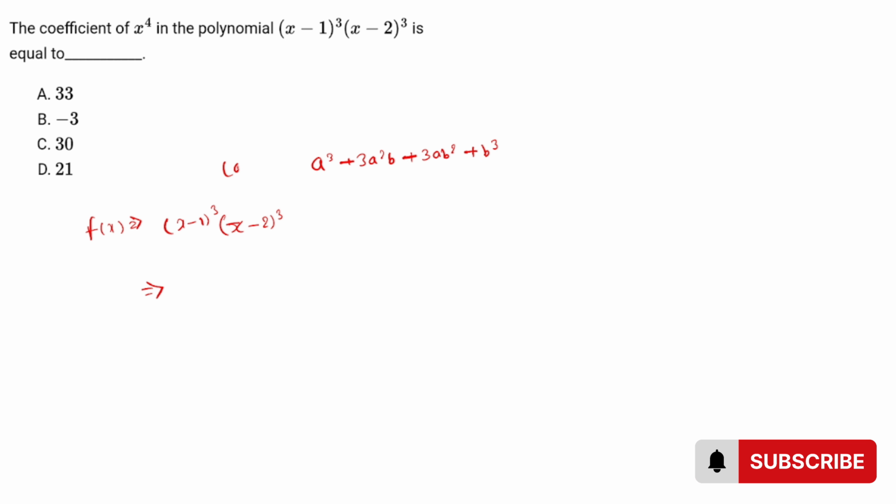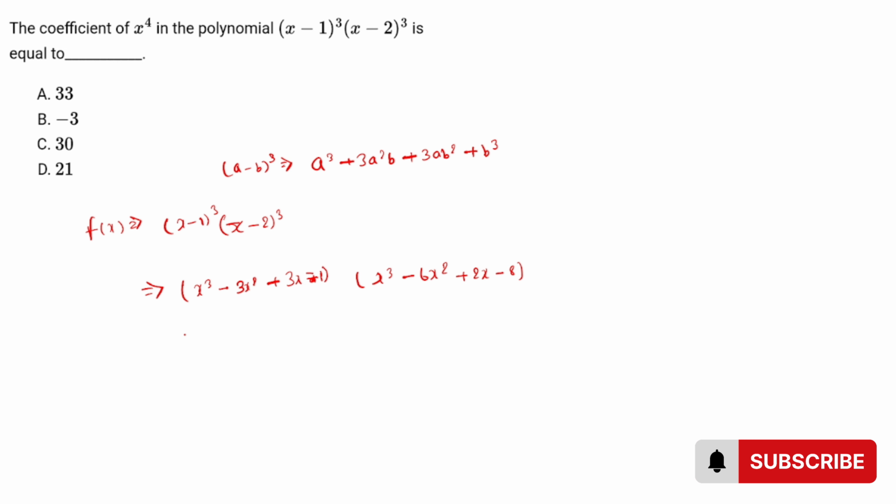So we can write x cube minus 3x squared plus 3x minus 1, multiplied by x cube minus 6x squared plus 12x minus 8.